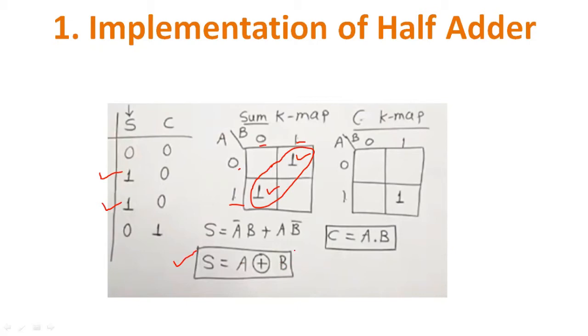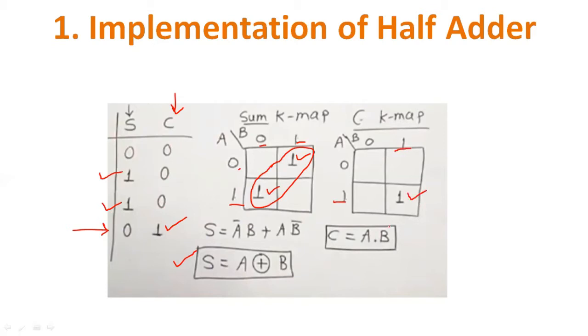What about the carry K map? The K map for carry has only one logic one. This logic one is for the last combination, 1 1, so the 1 is located here.